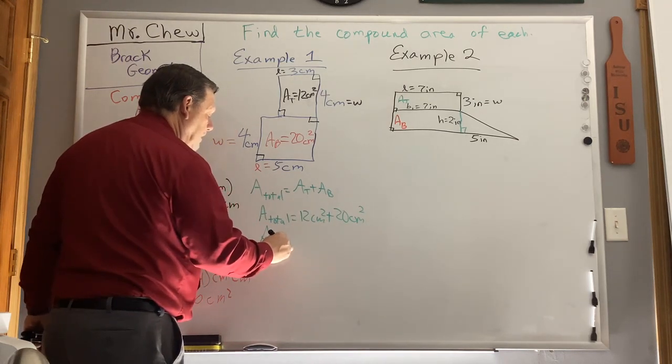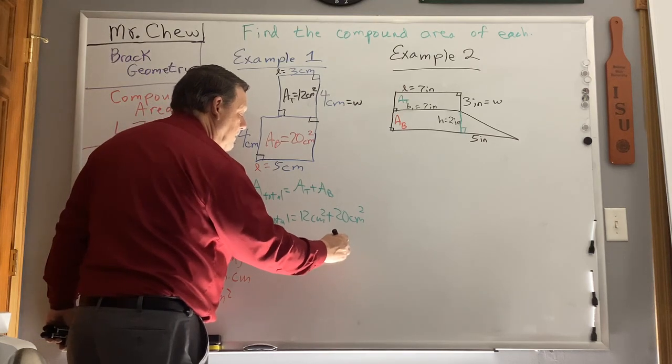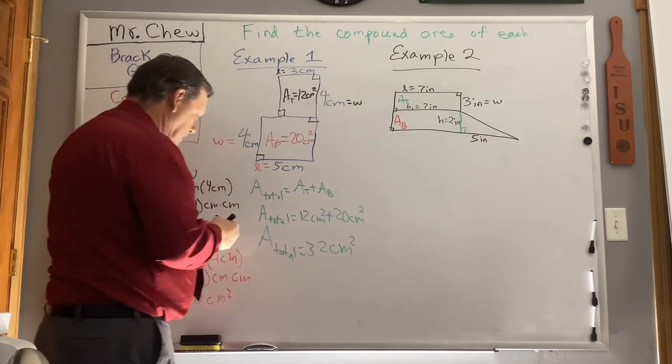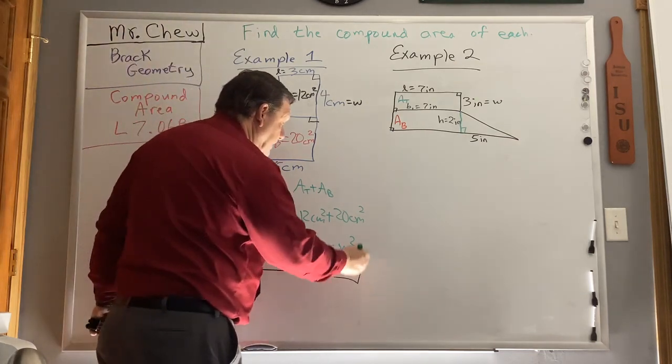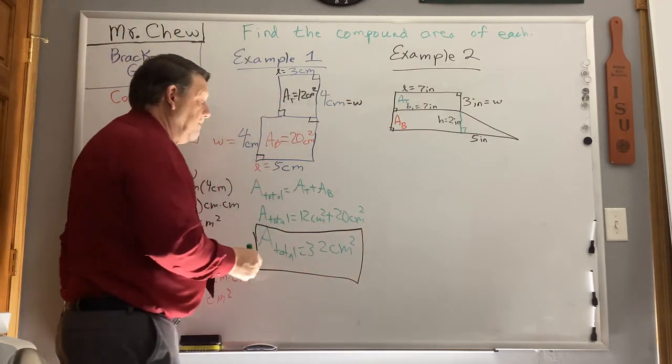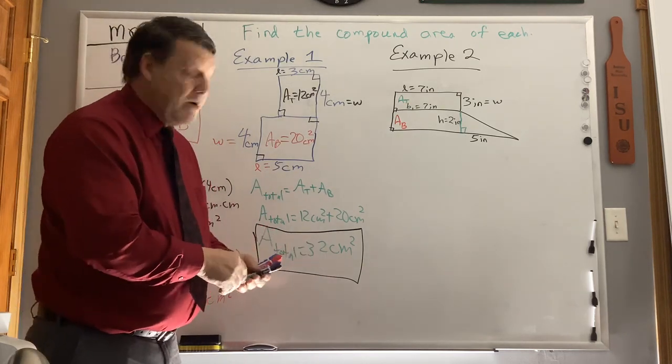So the total area of this compound figure is 32 centimeters squared. All right, and that's how you find compound area of a step figure. An area will always be in centimeters squared.